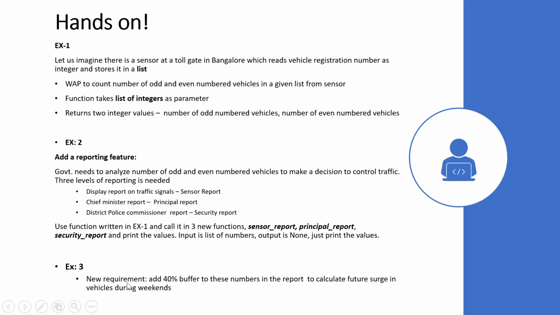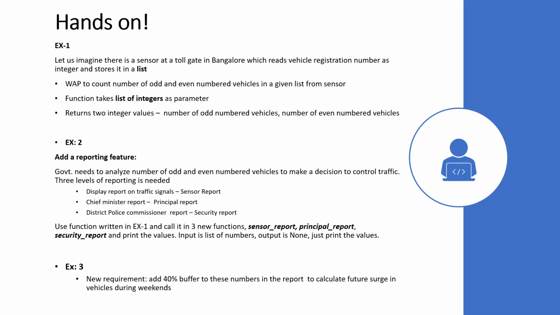in the same function. The idea is, say there are new cars getting registered every day, so the traffic is actually increasing year by year. To accommodate them, what the district administration or chief minister does is, okay, we will add a 40% buffer to these numbers, and then make a decision.